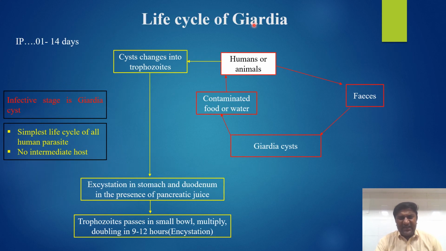This is the life cycle of Giardia, and the incubation period is 1 to 14 days. In humans or animals, cysts are excreted in the feces.